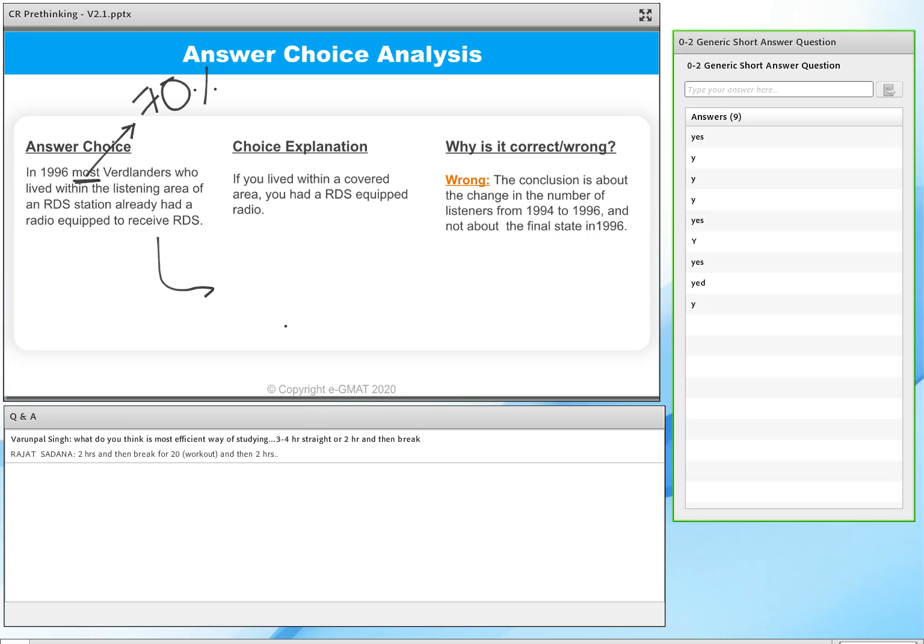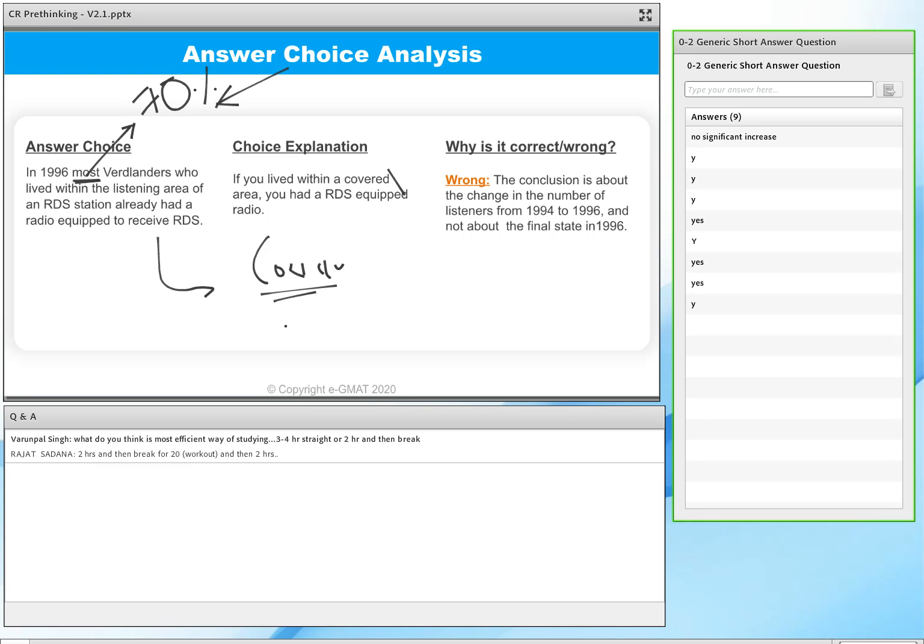Now, here is my question. What is my conclusion? That the number of people between 94 and 96 did not change a whole lot. No significant increase between 94 and 96. Now, for that to happen, do I need 70%?